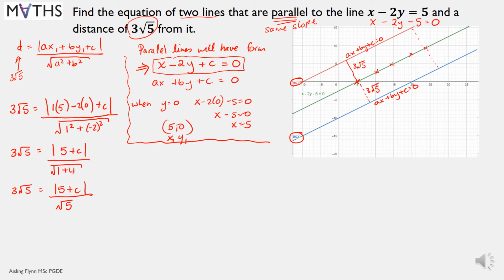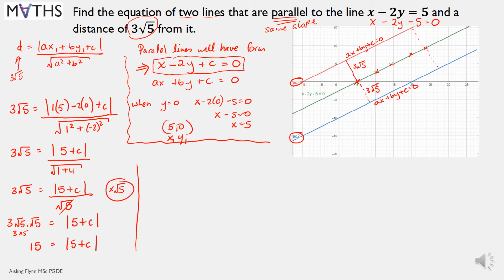I'm going to multiply both sides by the square root of 5 now, my next step. So I get 3, we'll write it out long, root 5 by root 5 equal to the absolute value of 5 plus c. So what is root 5 by root 5? Well, it's 5. And what's 3 times 5? It's 15. So 15 is equal to the modulus of 5 plus c.